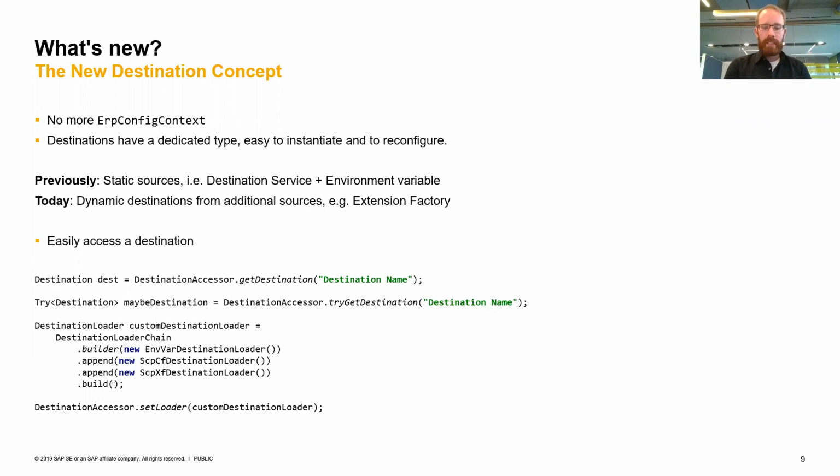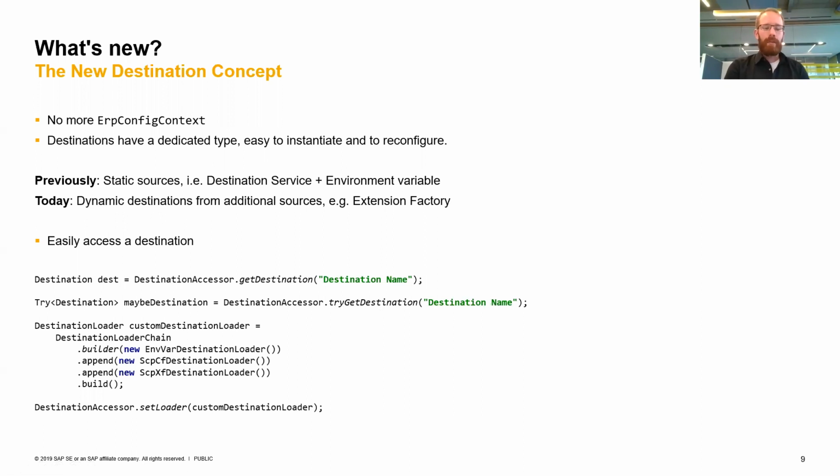If you are not eager to catch any exception and want to have it more in a functional approach, we are now heavily embracing Vavr in the SDK in general. And this can also be directly seen here. We have a tryGetDestination method on our destination accessor, which returns a Try object containing a destination, which will not directly throw any exception.